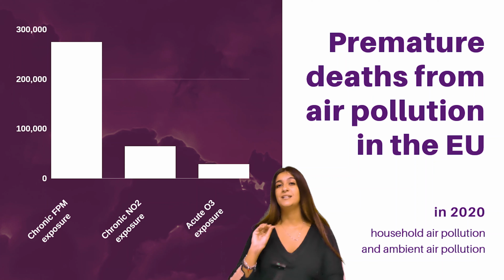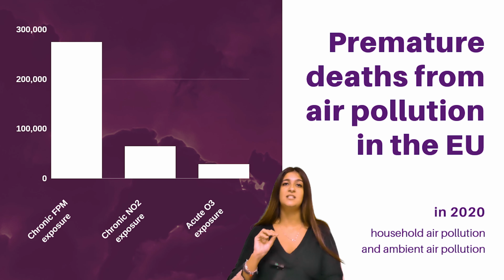One of the most significant environmental health risks in the EU is air pollution. In the year 2020, nearly 3,100 premature deaths were attributed to chronic exposure to fine particulate matter. Chronic exposure to nitrogen and acute exposure to ozone led to additional premature deaths.